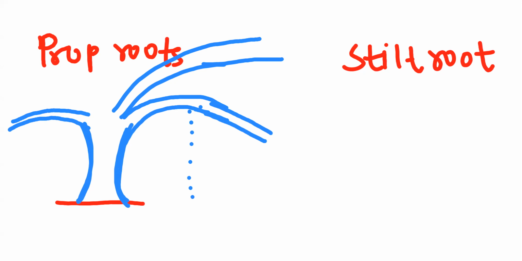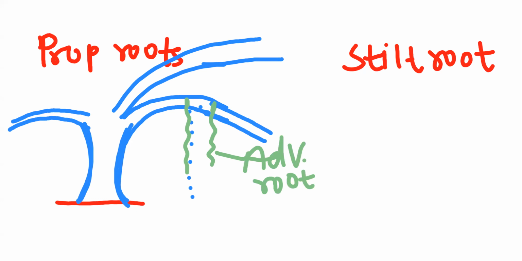So to prevent that, from the branches of the stem, roots are developed. See here, other than the radical, roots are developed, so that we call adventitious type of root. These are which one? Adventitious roots.